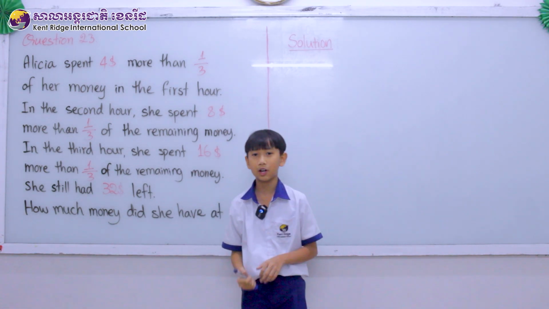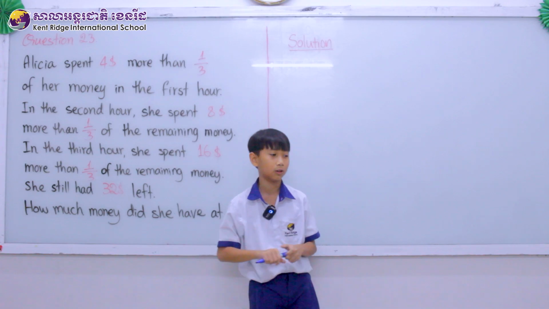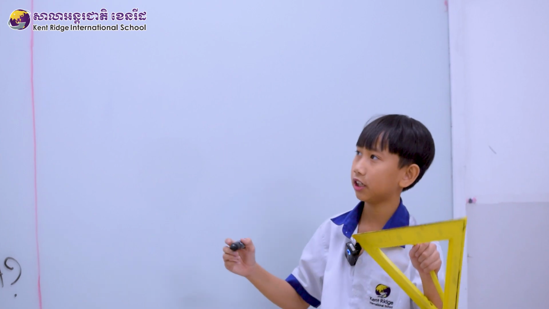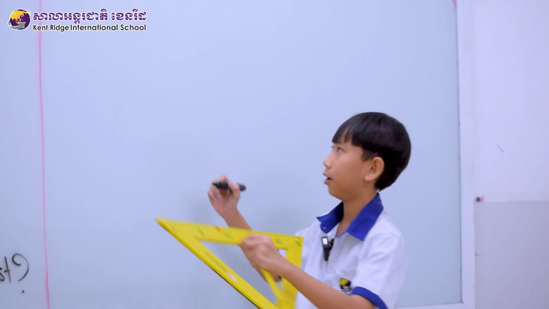To solve this kind of problem, you need to draw something we call a model. You have to draw 3 models, representing the first hour, second hour, and third hour.